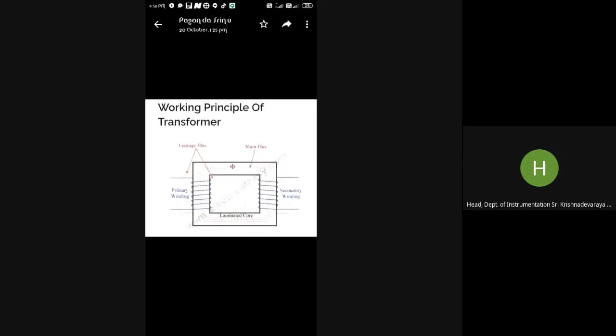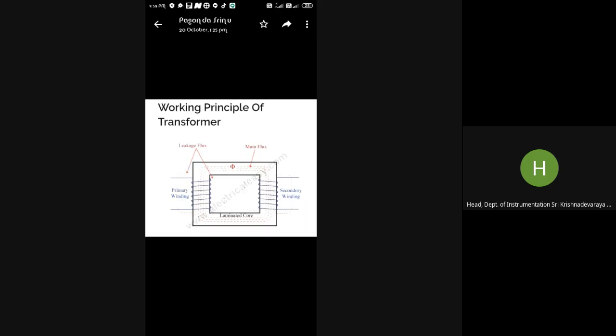The coils are electrically separated but magnetically linked to each other. When the primary winding is connected to a source of alternating voltage, alternating magnetic flux is produced around the windings. The core provides a magnetic path for the flux to get linked with the secondary winding.